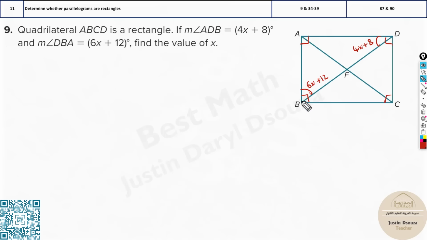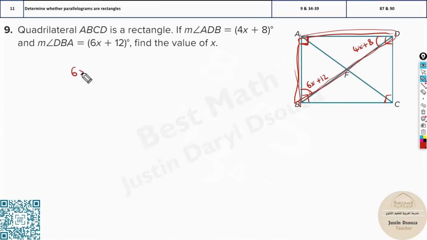Now then, we can see this is a triangle here. You know, A, B, and D is a triangle. Can you see that triangle over here? So this triangle has a total angle of 180 degrees because any triangle will have that. So if you sum up all the angles, you will get 180 degrees, and we know this is 90 degrees.